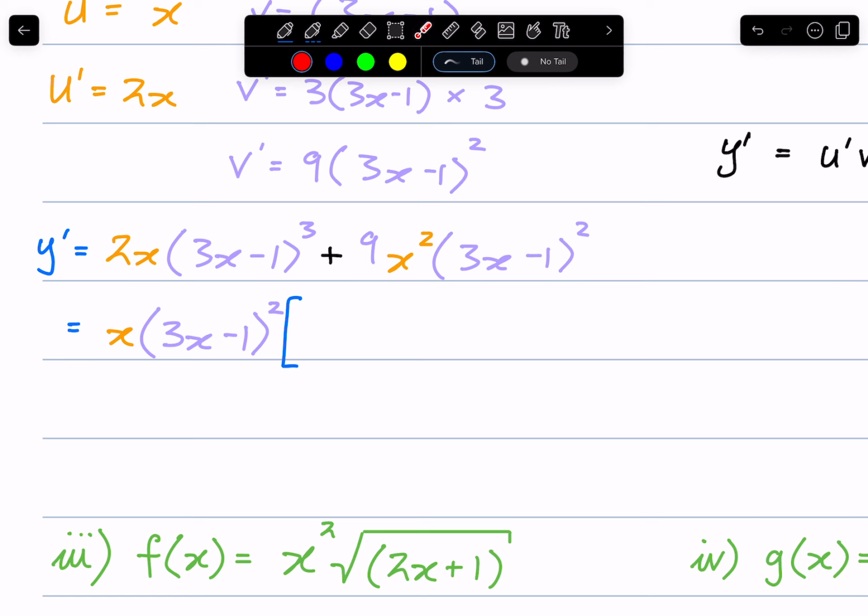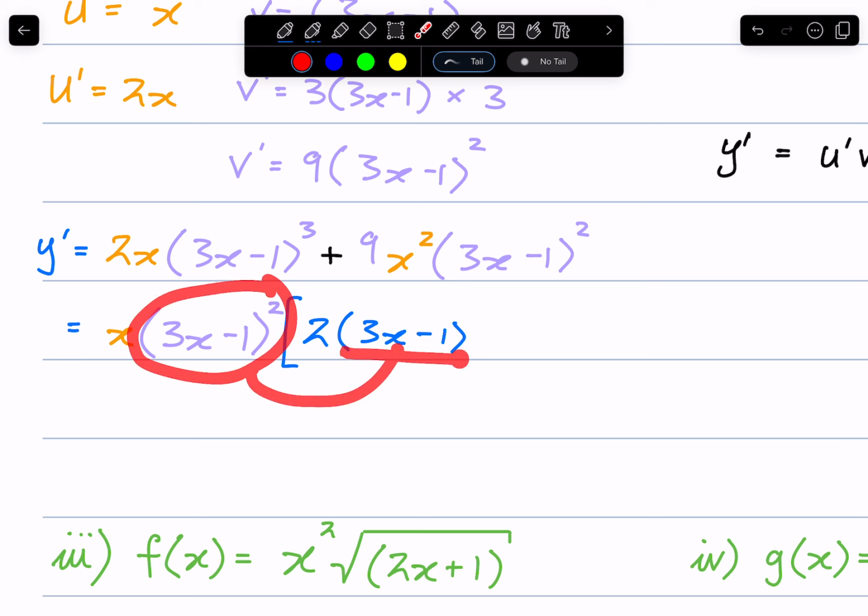And this is multiplying, so this is now factored out, and it's multiplying to give us this expression. So notice how for this, to multiply with something to become this, we need 2 times 3x minus 1. So just to clarify, if I multiply this group with this group, I get 3x minus 1 cubed.